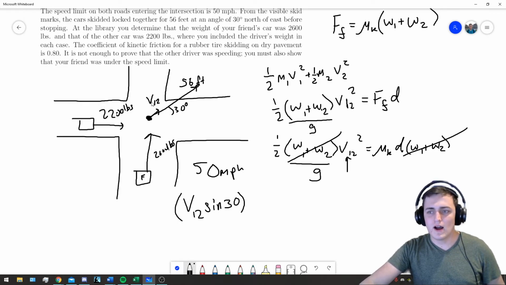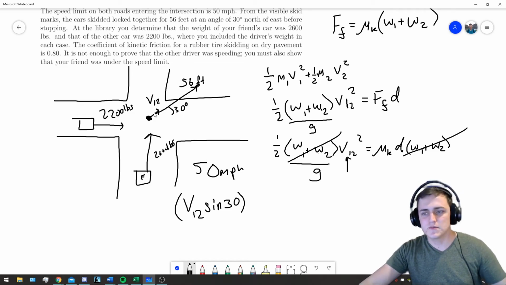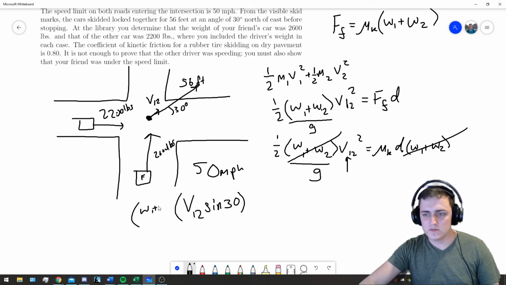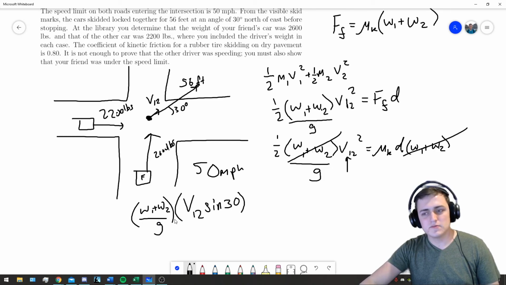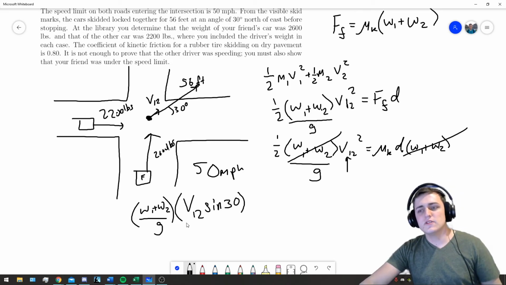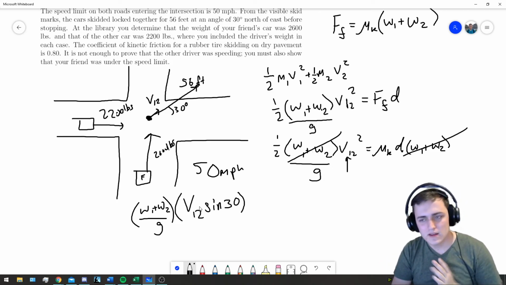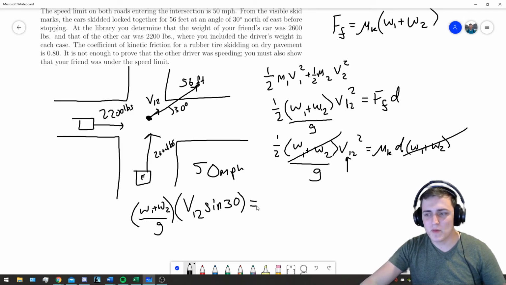This is the y component of the resulting velocity of the two cars. That times (W1 plus W2) over g is our momentum, mv. The mass is weight divided by gravity, and the velocity is v12 sine 30. And that's in the y component. So this is our final y momentum.